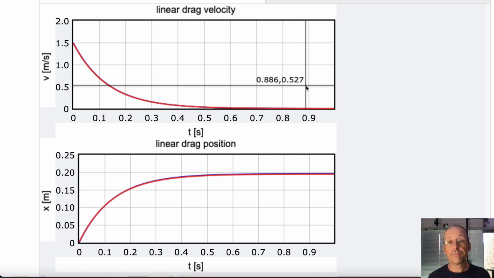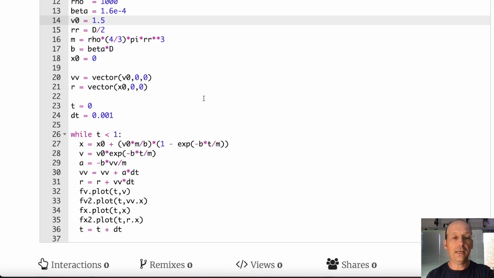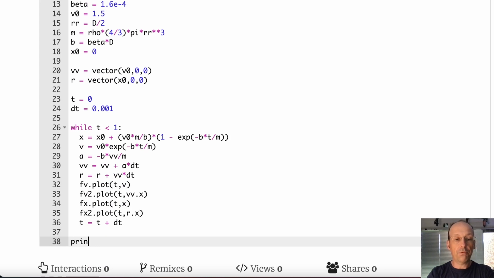So there you go. I should check the final position. What's that? 0.875. Let's just print that out.